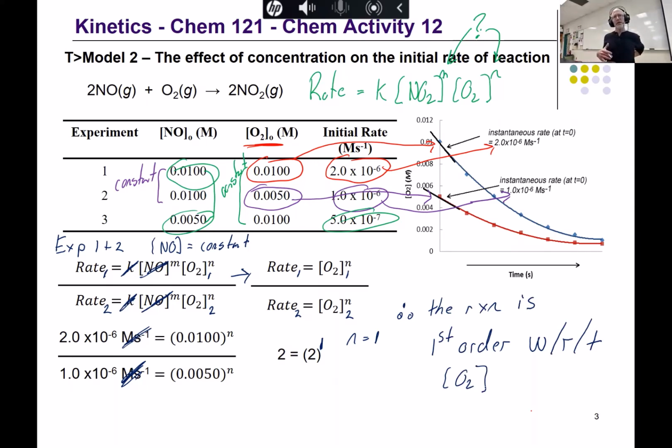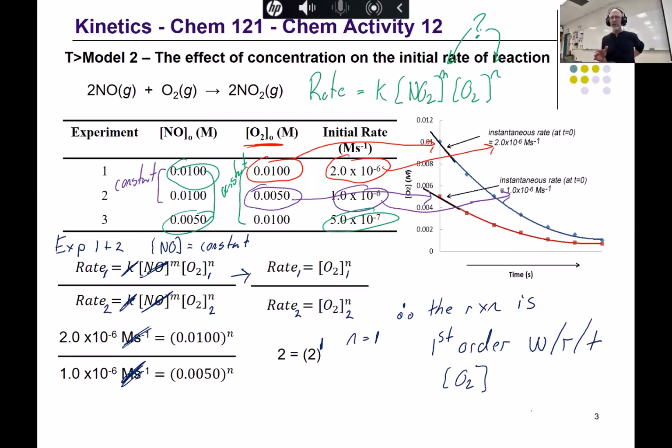Another way of saying that, the reaction's first order. Another way of saying this is the relationship between rate and concentration are directly proportional. As we saw, if you double one, the other doubles. That is what we've just found out.